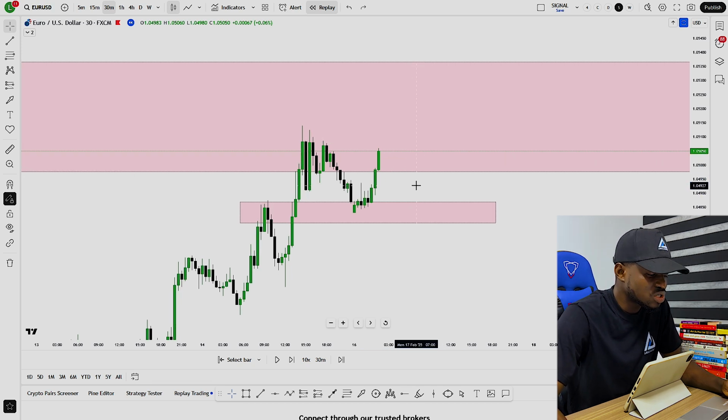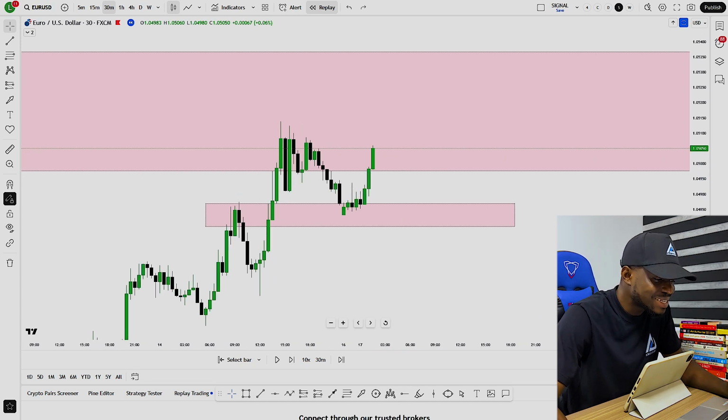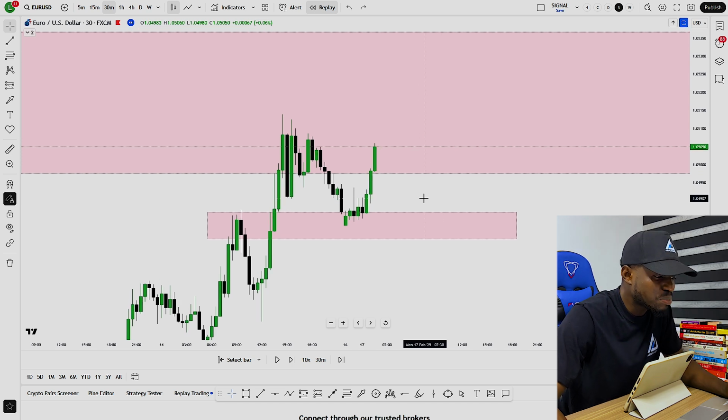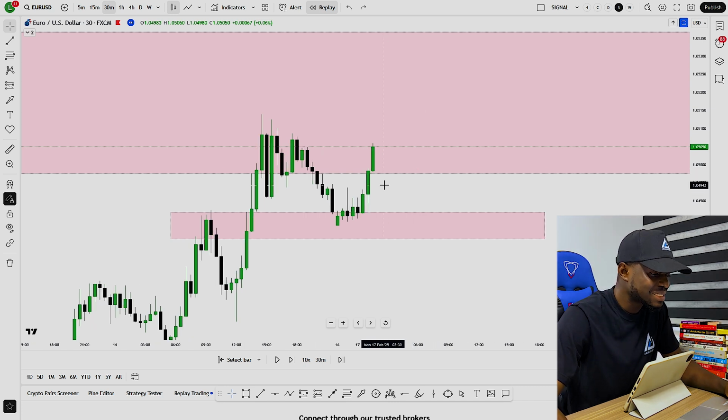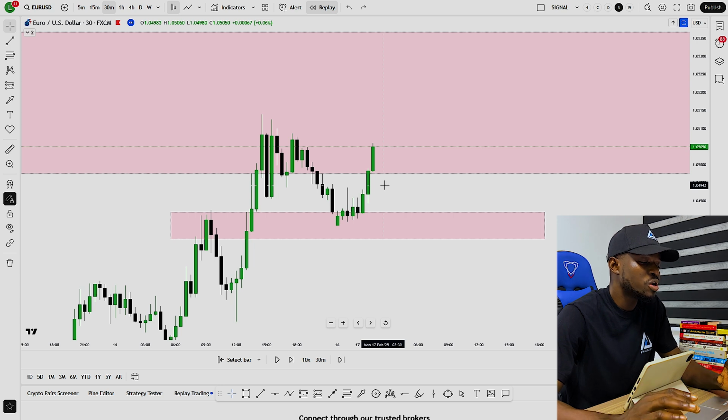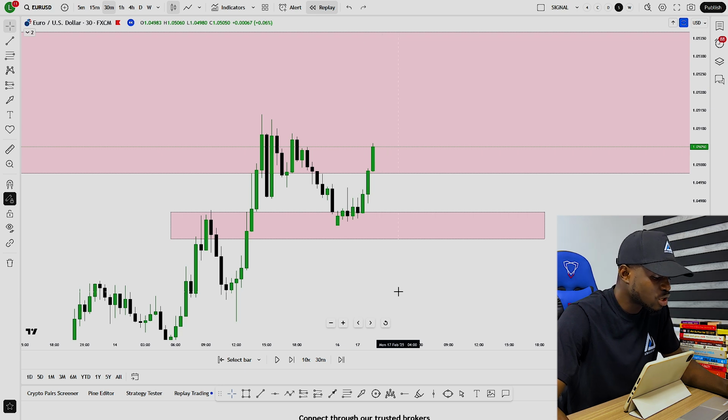Before we can execute this trade, we need candlesticks that represent the presence of sellers, at least one or two bearish candlestick patterns that represent that the sellers are now fully in charge of this market to pull the price action to the downside.